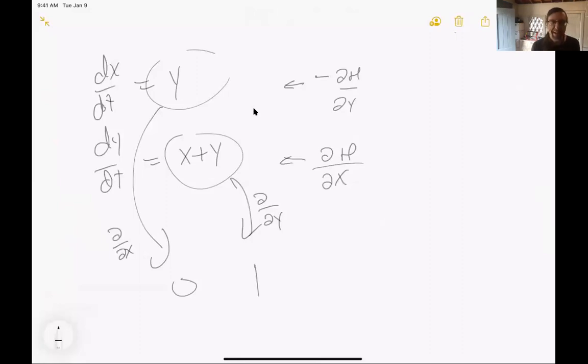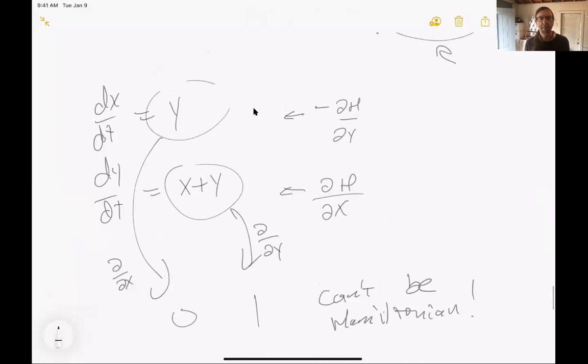And they are not equal and opposite, so there's no chance this is going to be Hamiltonian. Okay, it's just a quick test. If they are equal and opposite, it doesn't necessarily mean it's Hamiltonian, but I think most of the time it will be.